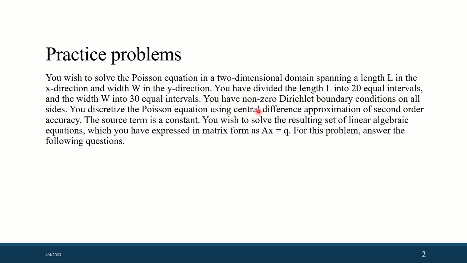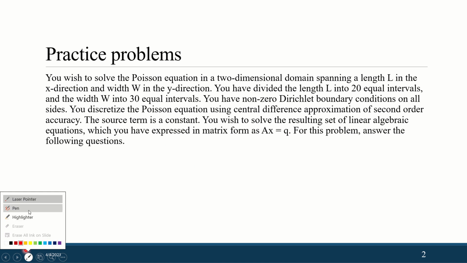You have non-zero Dirichlet boundary conditions on all sides. You discretize the Poisson equation using a central difference scheme of second order accuracy. The source term is a constant. You wish to solve the resulting set of linear algebraic equations, which you have expressed in matrix form as Ax is equal to Q. For this problem, answer the following questions.